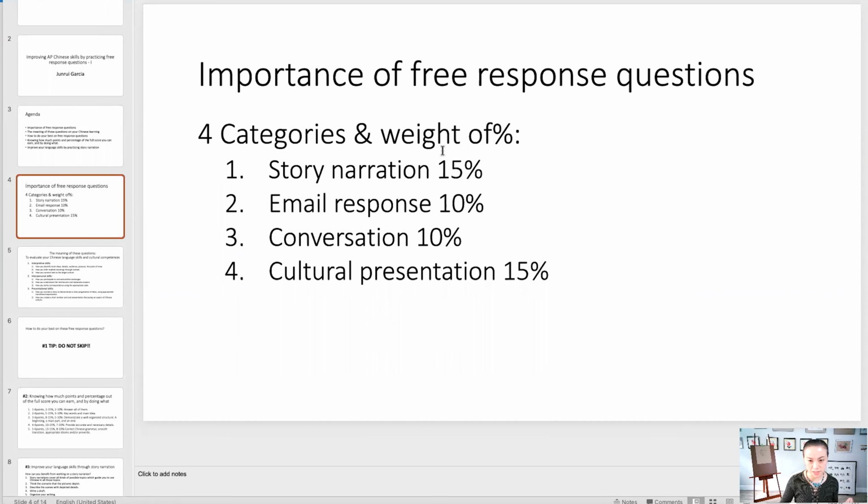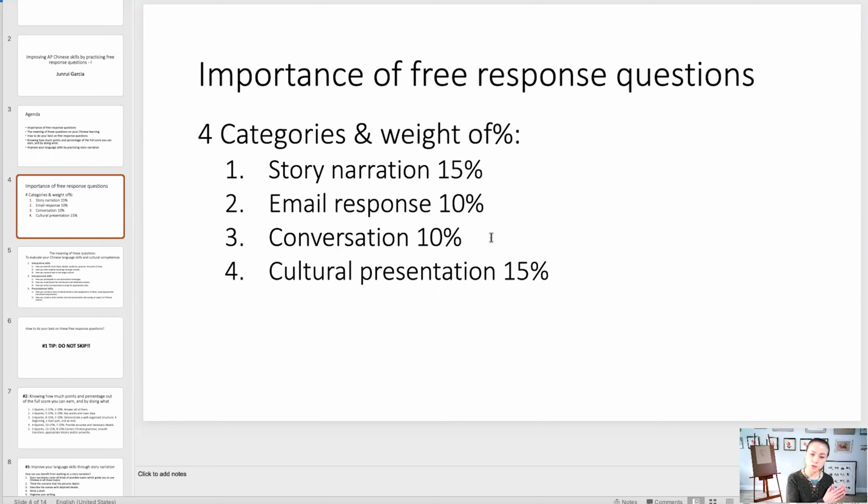Story narration is 15%, cultural presentation 15%, email response 10%, and conversation is 10%. For story narration, email response, and cultural presentation, you only do one task and answer one question. On the conversation, you're going to answer 6 questions.